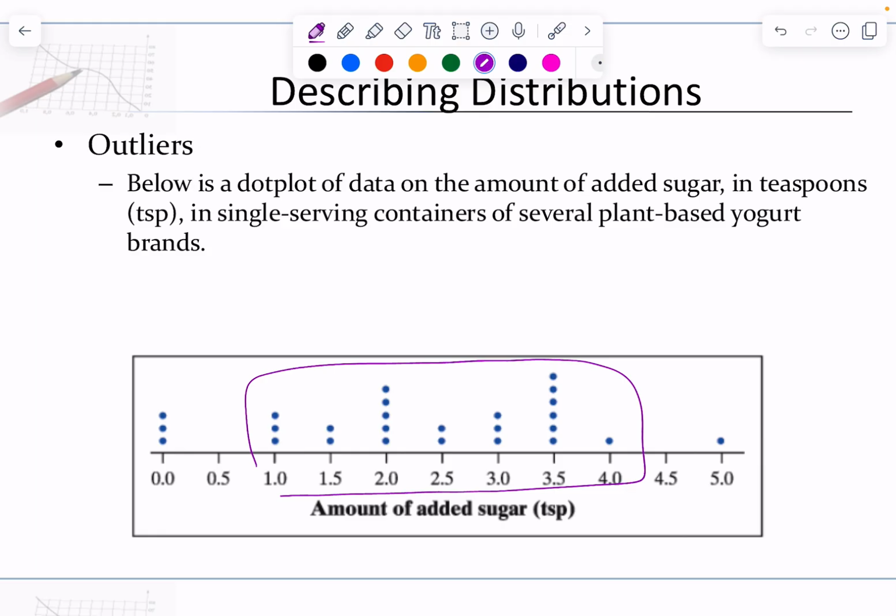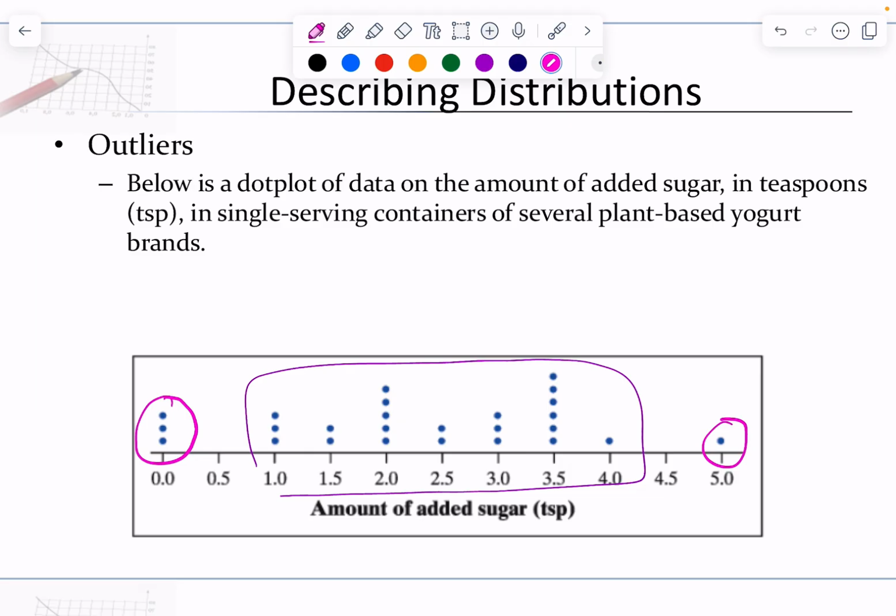But we do have a couple of outlying values, or possible outliers. One of the yogurt brands adds 5 teaspoons of sugar, and then we have a couple down here that have 0 added grams of sugar. Those values fall outside the norm where we see the majority of the data centered.